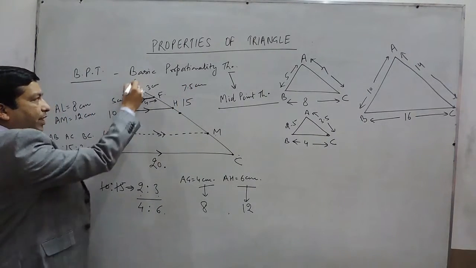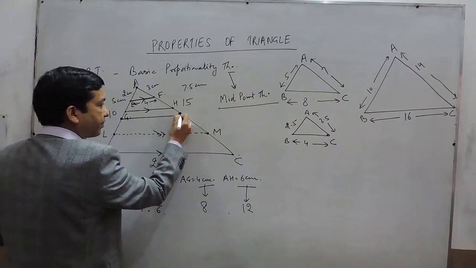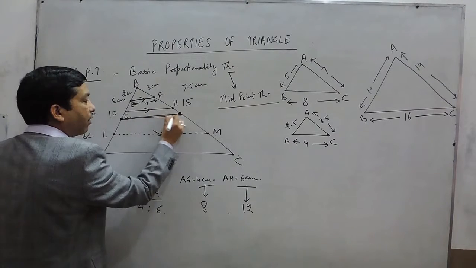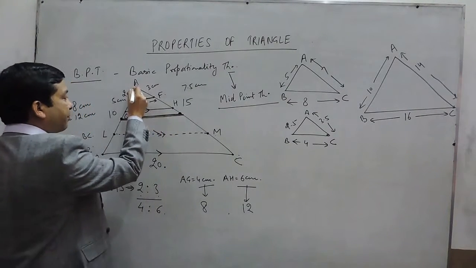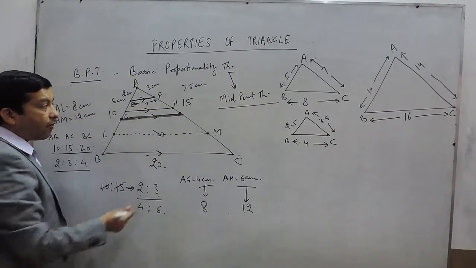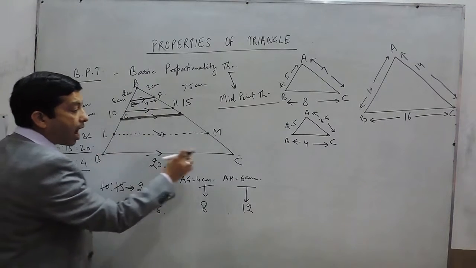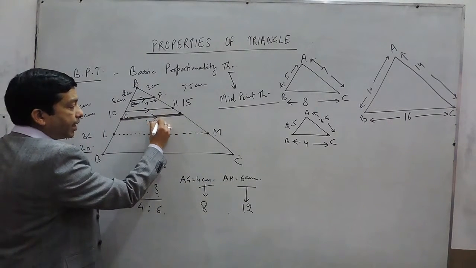So this is the midpoint of this line and this is the midpoint of that line. If we draw a line here, then from the basic proportionality theorem we are clear that this line is parallel to BC, while its length will be half of BC, or 10 centimeters.